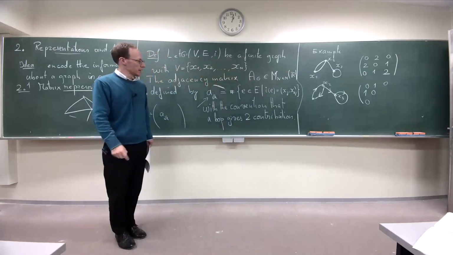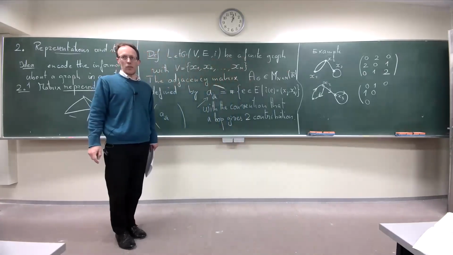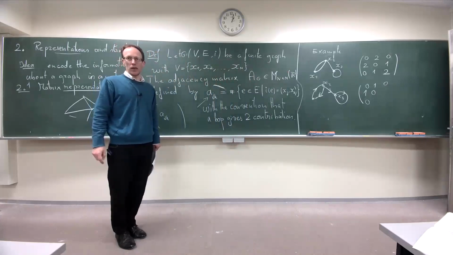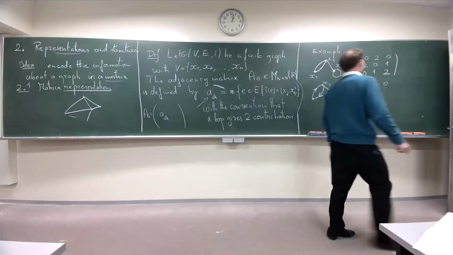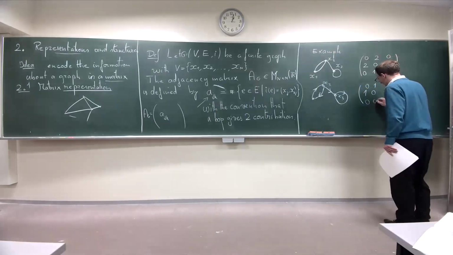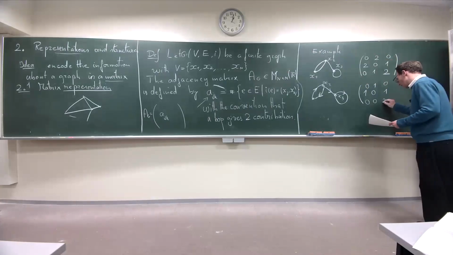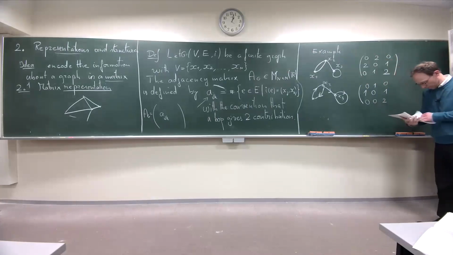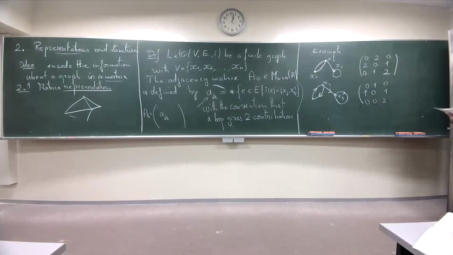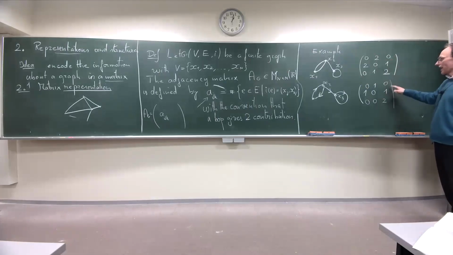So the entry 2, 3 is 1, and the entry 3, 2 is 0. So this is 1, and this is 0. And for the loop, I still keep this convention of 2. Is it the second line, the second column? So yes, it's going.